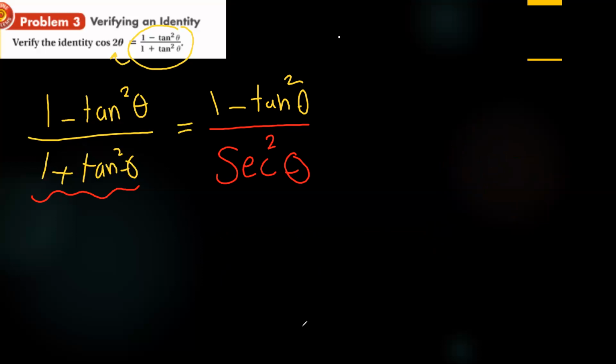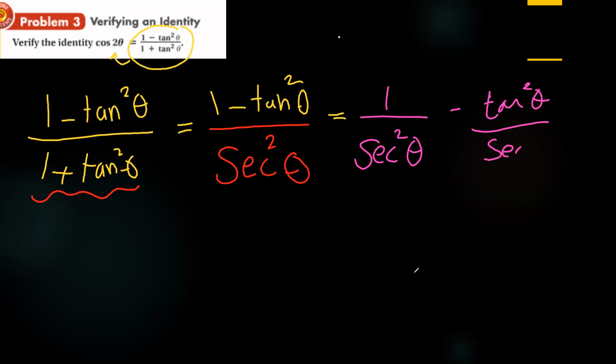If we have 1 minus tan squared over secant squared, we can distribute it as 1 over secant squared minus tan squared over secant squared. Then let's rewrite secant as cosine, and tan as sine over cosine.